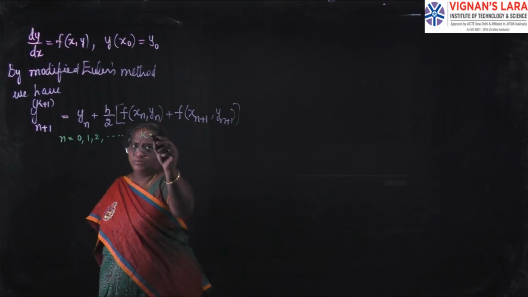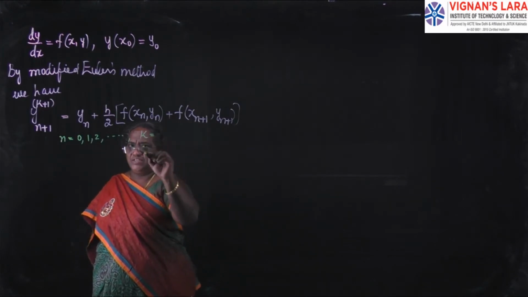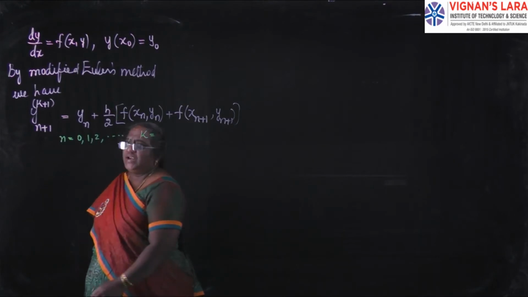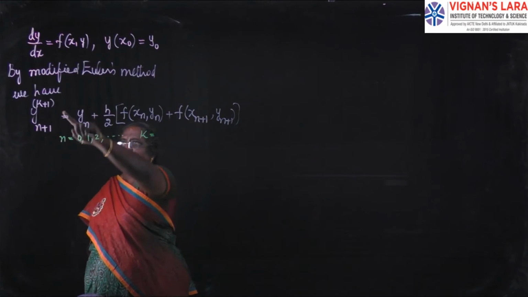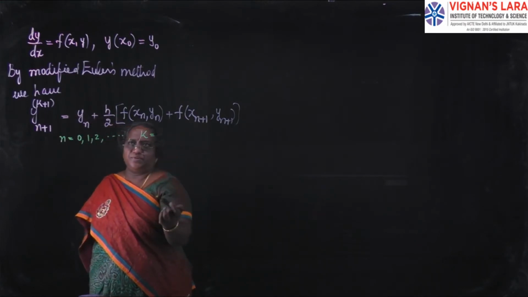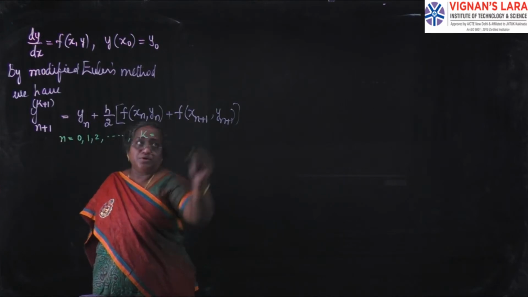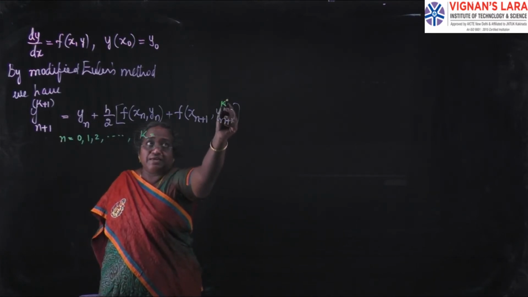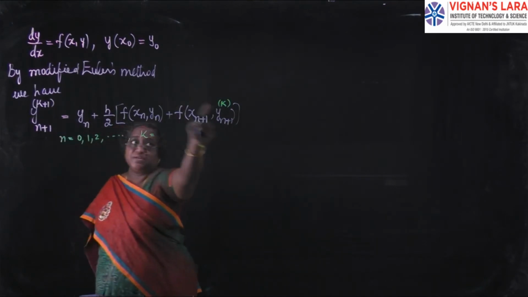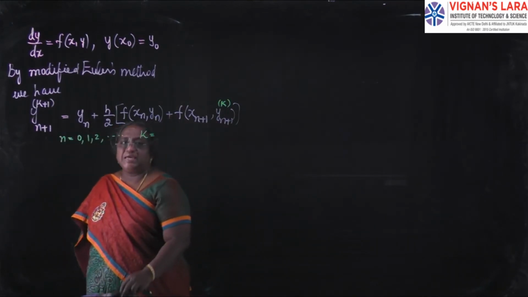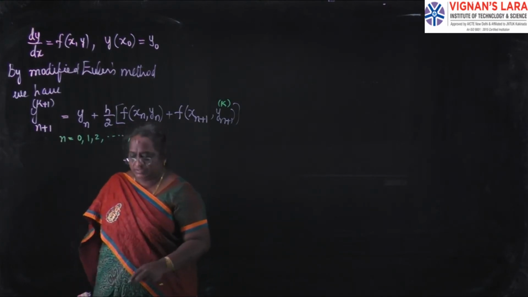For the k value, we perform iteration. Initially, in order to find y1, we take n as 0, so that y1, k plus 1th approximation we will be performing, with y0, f of x0 comma y0. This is also the kth approximation. Here we have k plus 1, here also we have k. So k indicates the approximations.